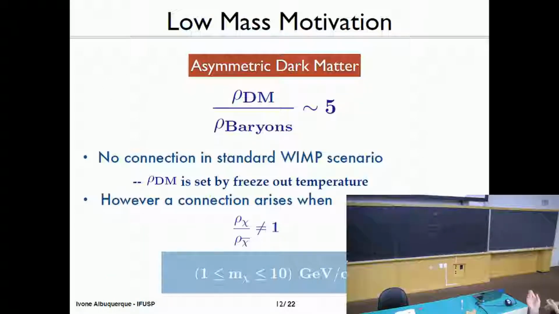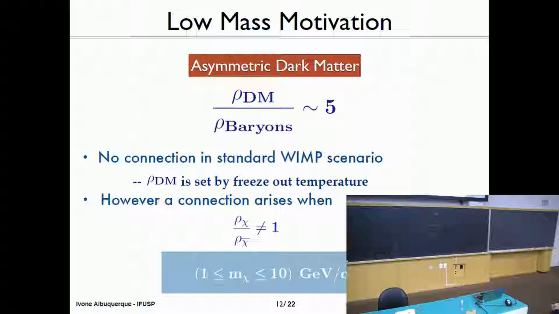One of the motivations came from asymmetric dark matter, where the ratio of the dark matter density over the baryon density is about 5. In the standard WIMP scenarios, this fact is not taken into account; it is just seen as a mere coincidence.